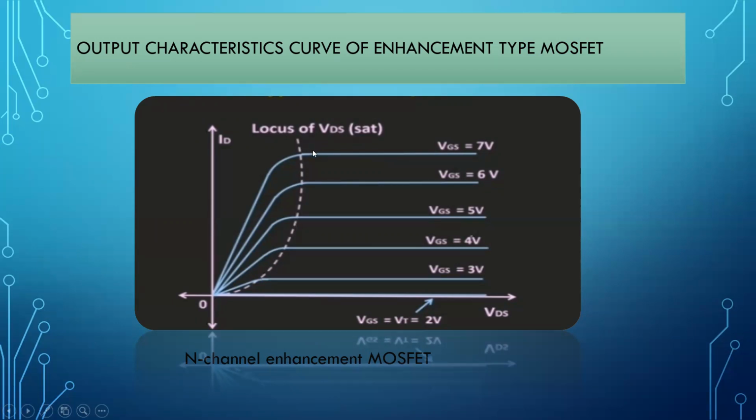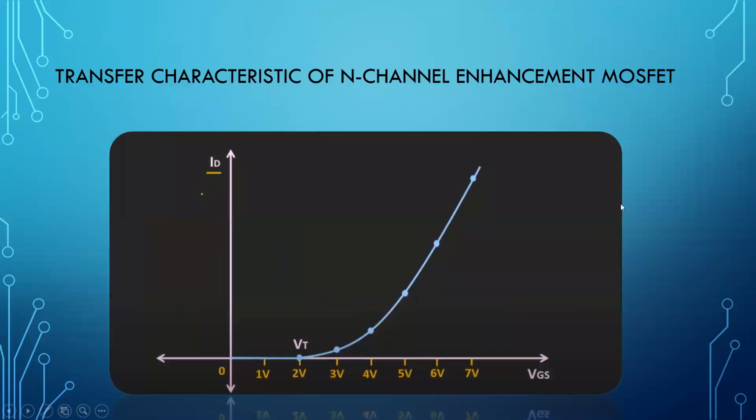The transfer characteristic shows the relationship between the input voltage VGS and the output drain current. This is the transfer characteristic of the N-channel enhancement MOSFET, and this is the threshold voltage.